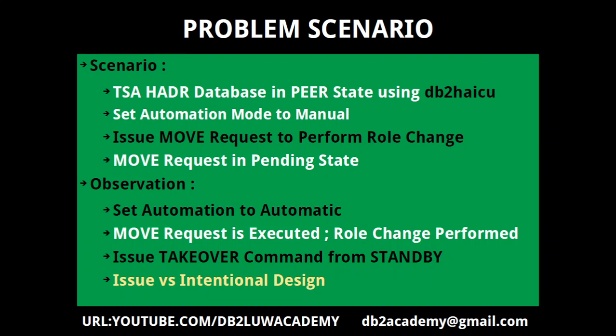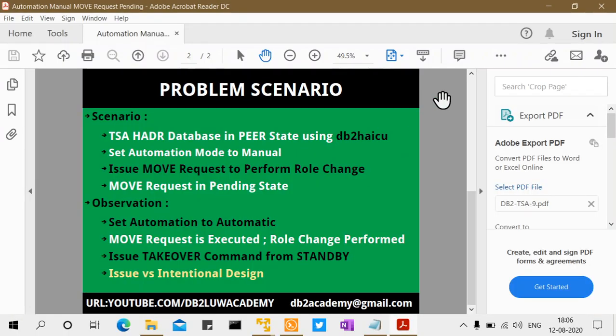So the move request will then be executed and the role change will be performed. If you don't want to do that, you can issue the takeover command from the standby. From the DB2 side I'm doing the takeover, so it will perform the role change, but the status is not getting updated properly from the TSA side, which is what I'm going to demo to you.